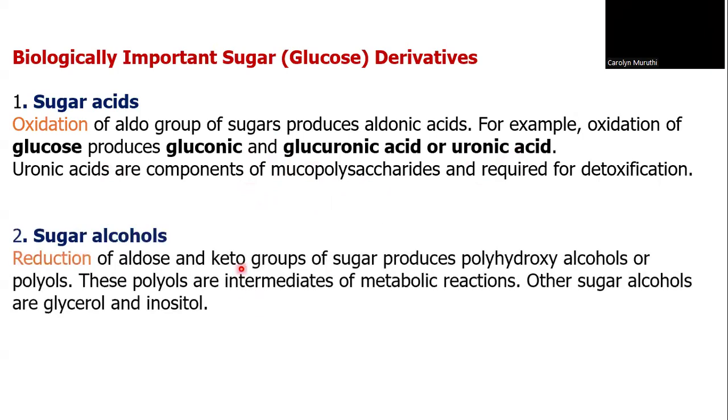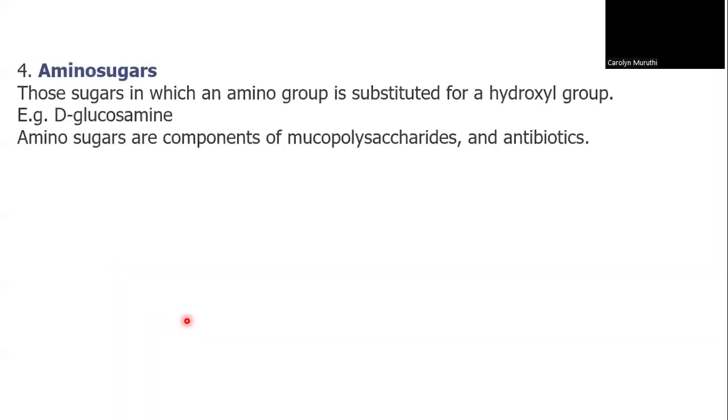Reduction of aldose and ketone groups will result in sugar alcohols. These include glycerol and also inositol, which are intermediates of metabolic reactions. Amino sugars are sugars in which the amino group is substituted for a hydroxy group, for example, glucosamine, which are components of mucopolysaccharides.